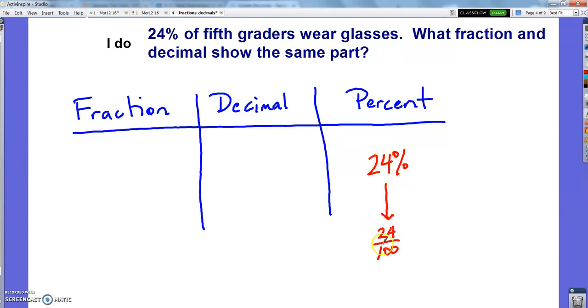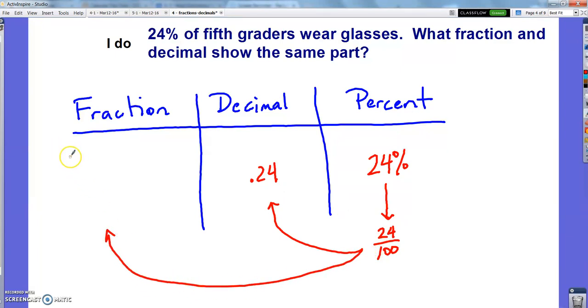And when I write it that way, guess what? That's the decimal. 24 hundredths. Notice how similar the decimal and the percent look. And that's also the fraction. It's 24 hundredths, which I can simplify.